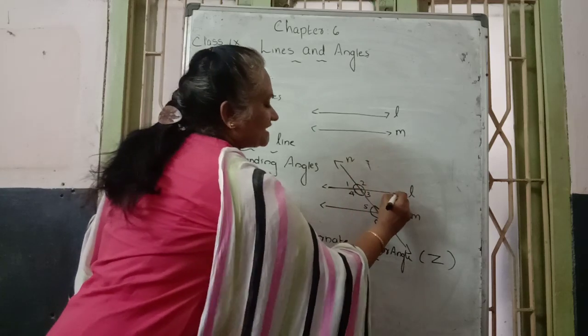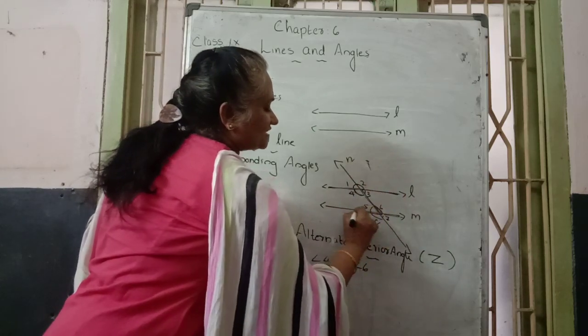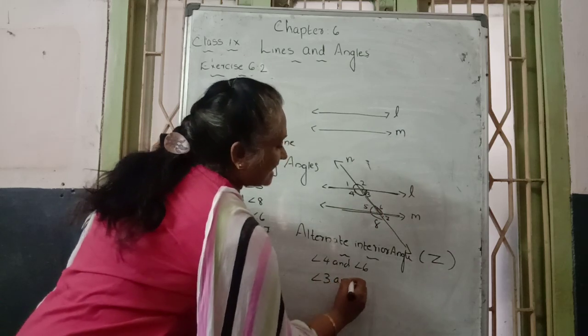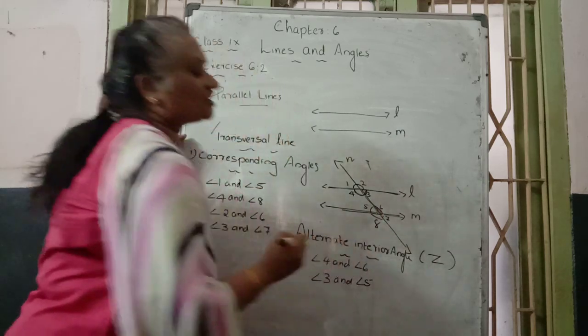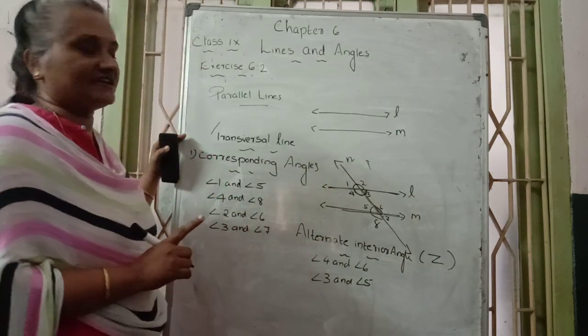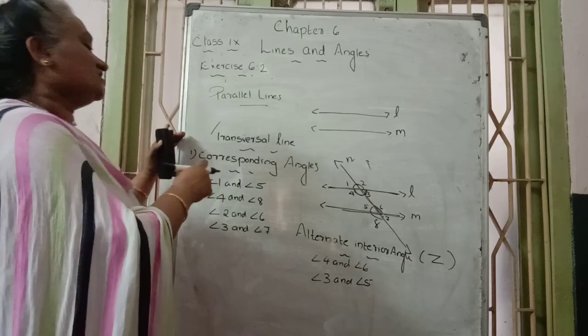In the right side case, the Z shape corner angles, angle 3 and angle 5, are alternate interior angles on the right side. They are the alternate interior angles.